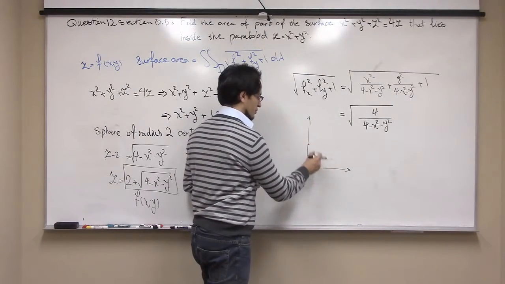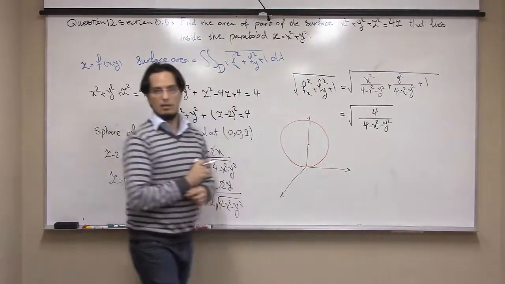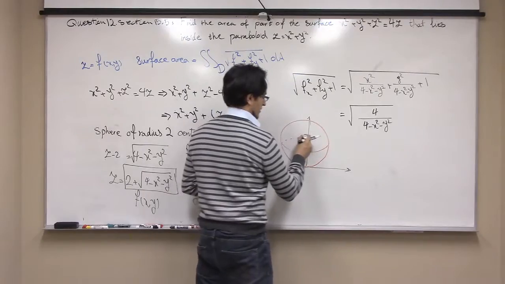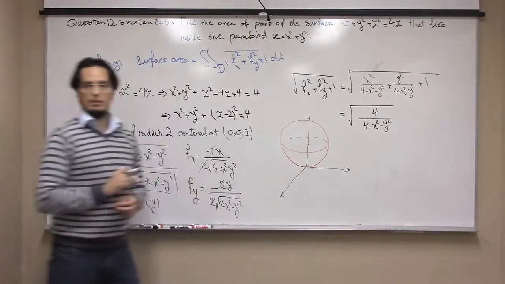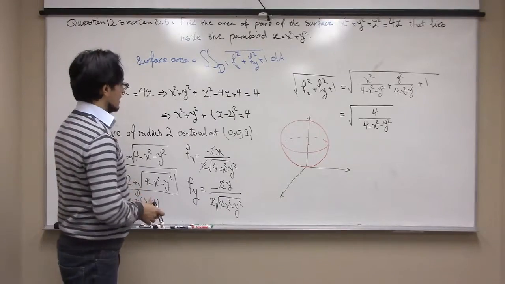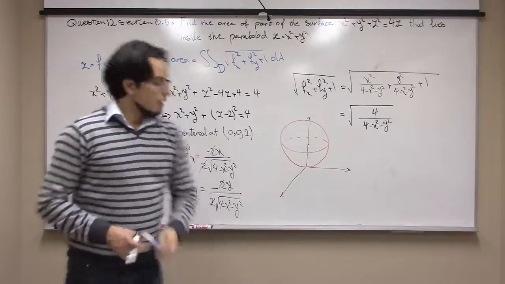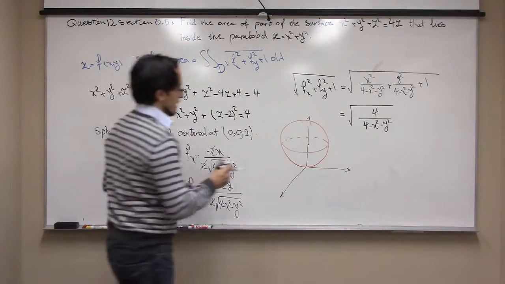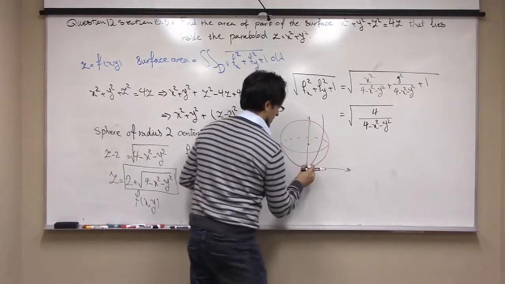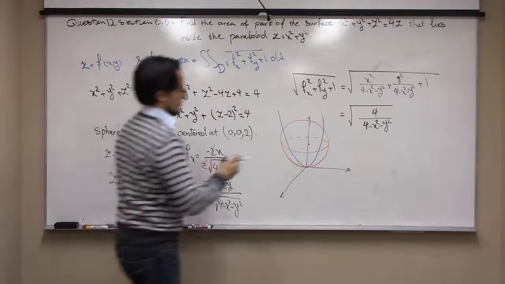If this is 0, 0, 2, that's there. Make it three-dimensional. That's the sphere we have. But what about the other one, the one that determines the curve? It is a paraboloid of that form.